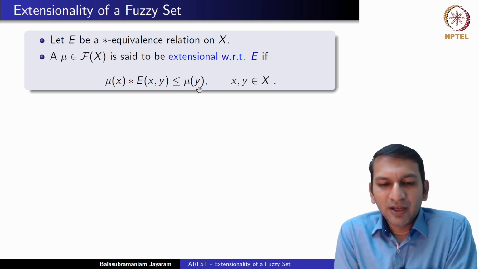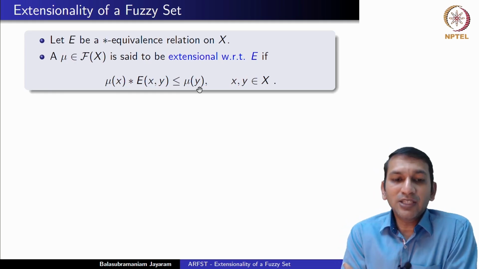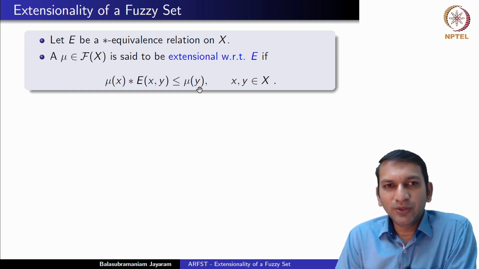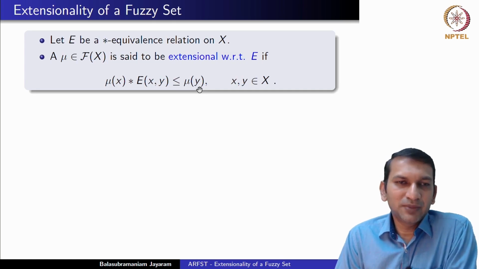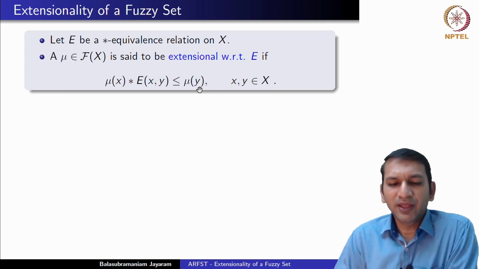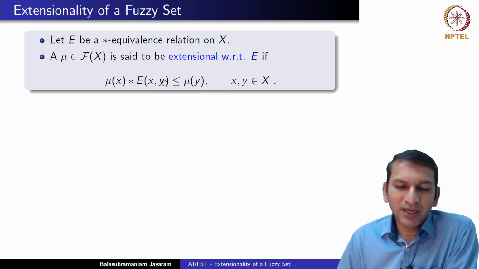similarity relation. We have also seen that it is strongly reflexive. That means E of xy, if it is obtained from the biresiduum operation, we know that E is strongly reflexive. That means E of xy is 1 if and only if x is equal to y. So in the general case, x and y can be different, but let's assume that E of xy is actually equal to 1.